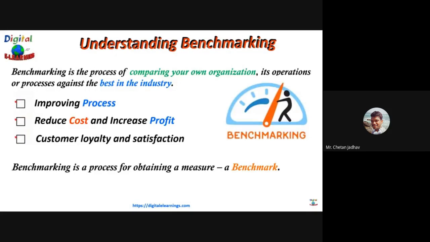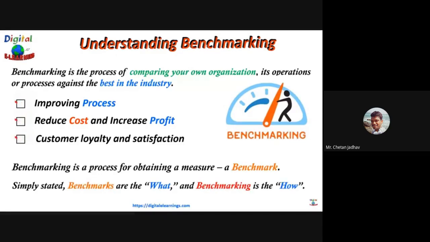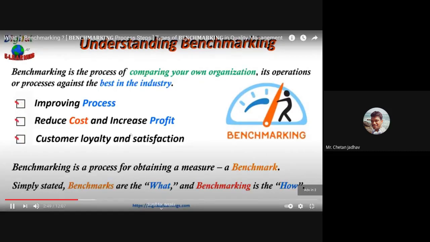If the other organization can produce the same type of product in less than 30 minutes, then you can use that time as a benchmark for measuring your own process and procedures. Simply put together, benchmarks are the what and benchmarking is the how. So benchmarking can be applied against any product, process, function, or approach in any business.